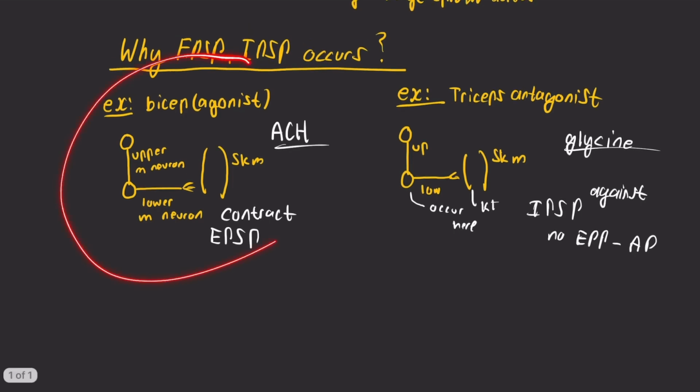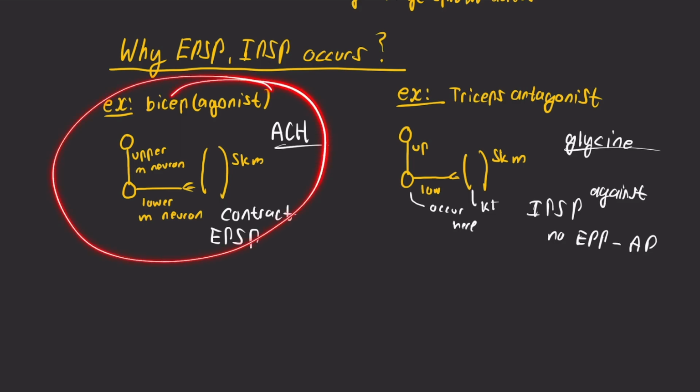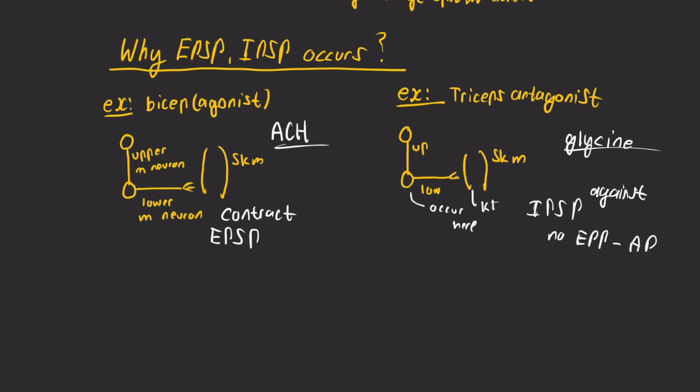So you want these excitatory postsynaptic potentials or inhibitory postsynaptic potentials to occur in muscles, as sometimes you want to contract. So you're going to release certain types of neurotransmitters onto your skeletal muscle, or you want to be the antagonist of that and go against that contraction.